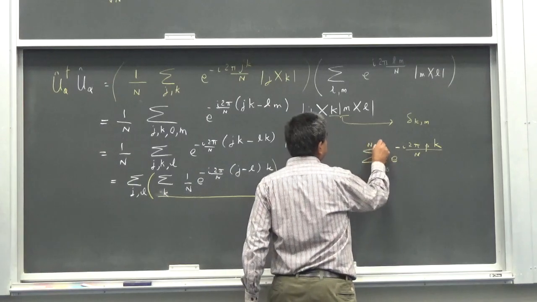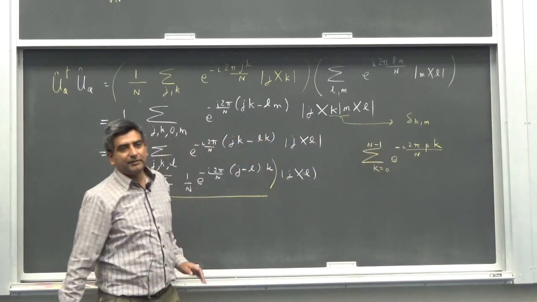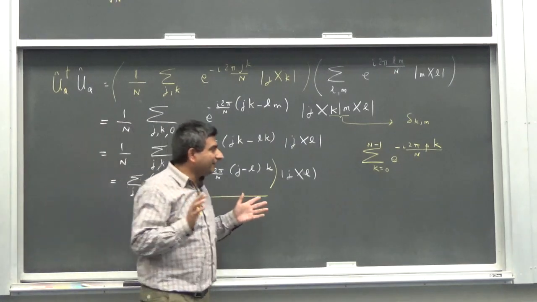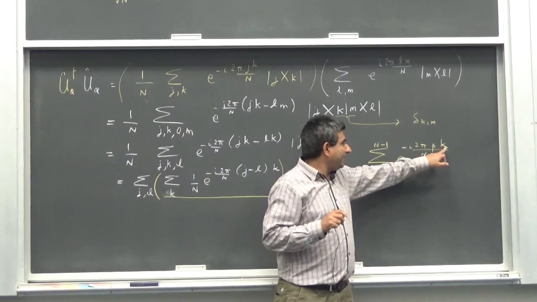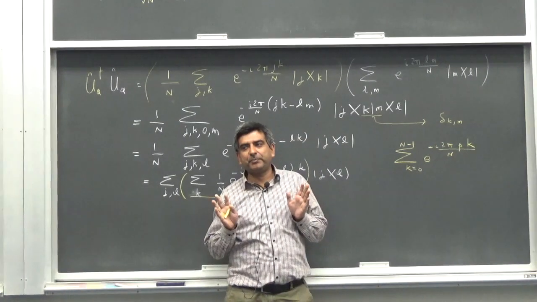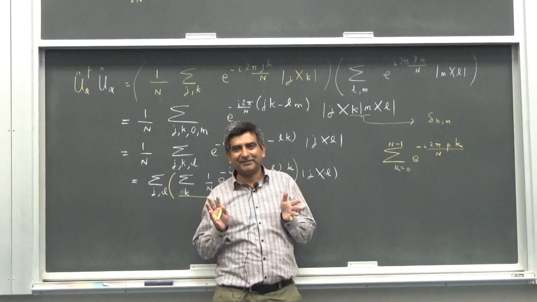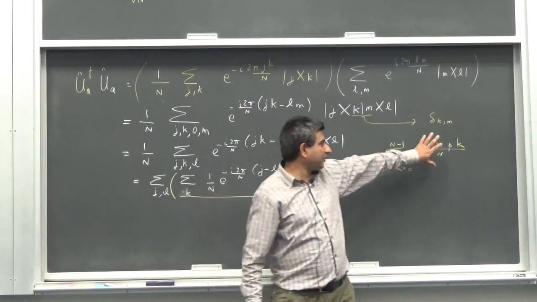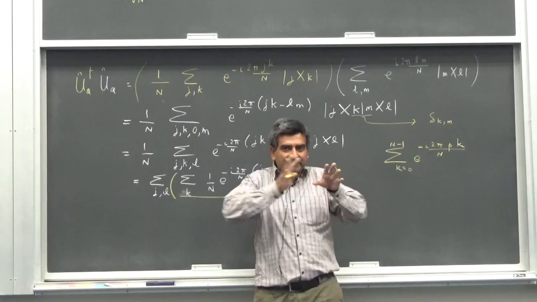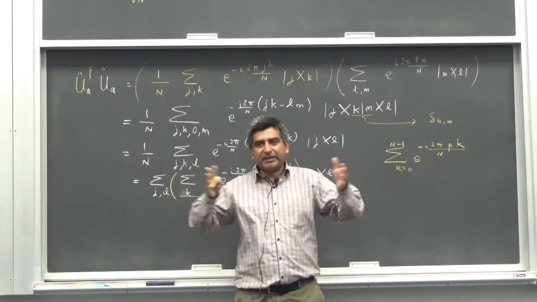To be exact, this is this sum, right? If p is 0, then each one of these terms is 1, and I'm taking n of these terms. So my answer will be capital N.